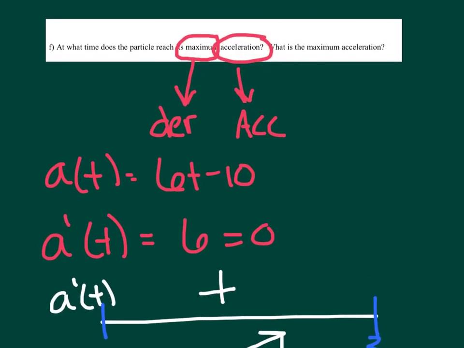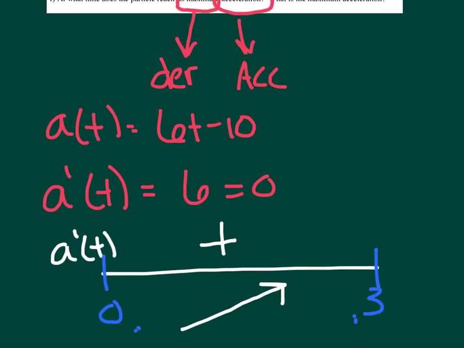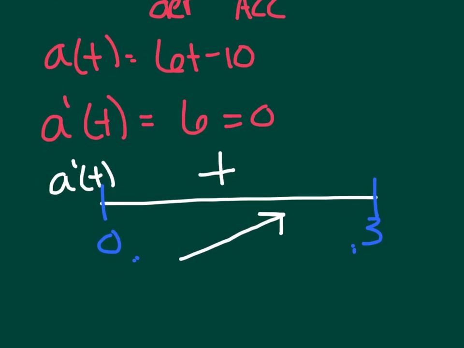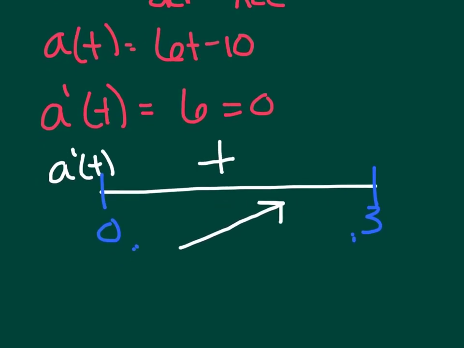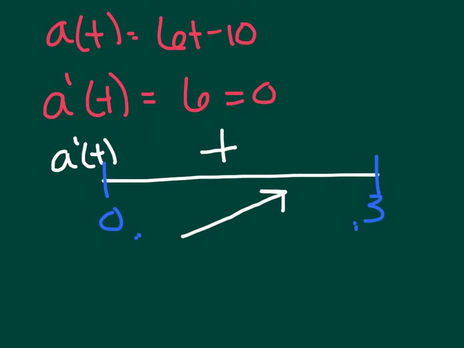Now the question said, at what time does the particle reach its maximum acceleration? Well, it must be happening at an endpoint, okay, because there's no critical points. So I just want to know the acceleration at 0 and at 3. Now you should be able to use some common sense and tell me which one it's happening at. If this function is always increasing, would the maximum be at 0 or would the maximum be at 3?